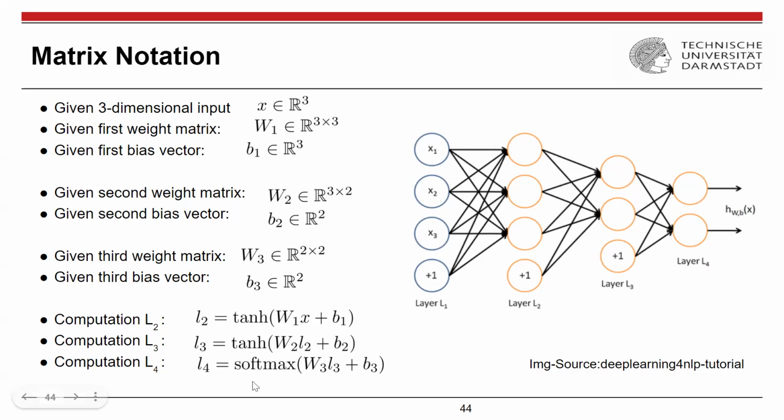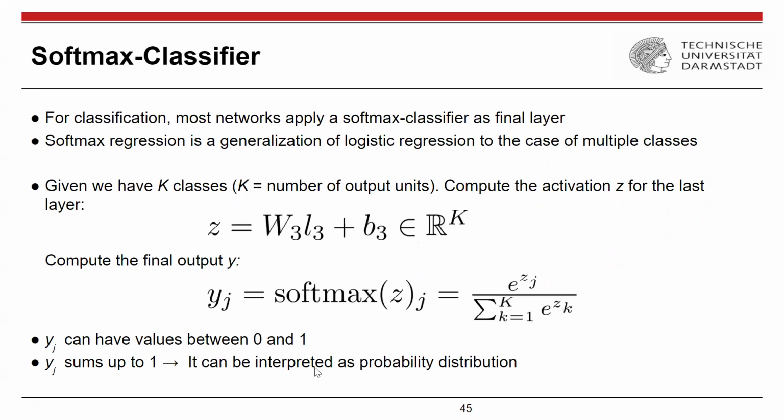To do that, you use this function called softmax. This particular function is just a normalization, and this normalization is done by exponentiating first and then normalizing by the sum of all the entries present in your column vector. If you have a column vector of 3 into 1, then this will be a summation of 3 values.